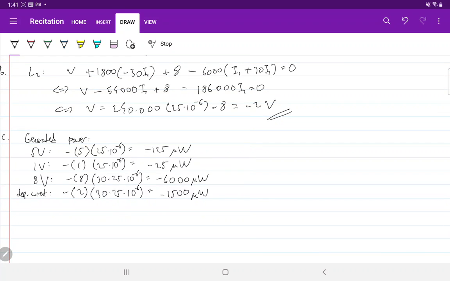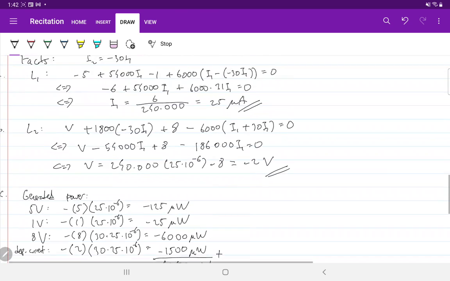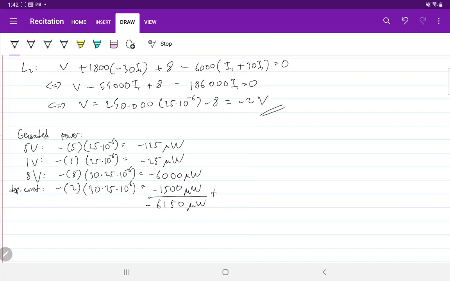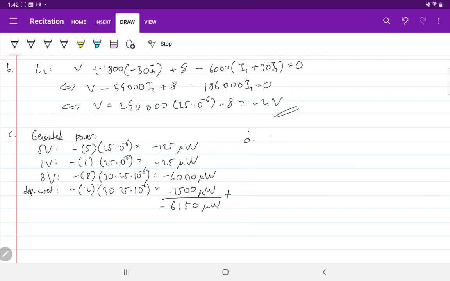And what is the total generated power? You sum everything here, I get 6150 microwatts. So all of these sources combined generate around 6150 microwatts, which is around 6.15 milliwatts.